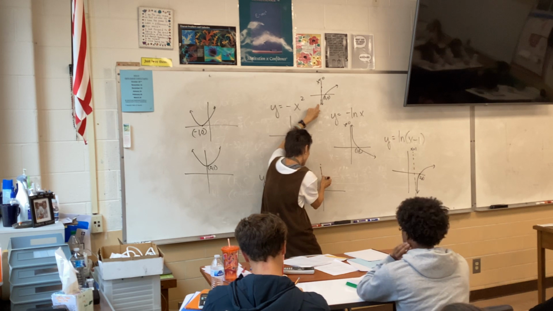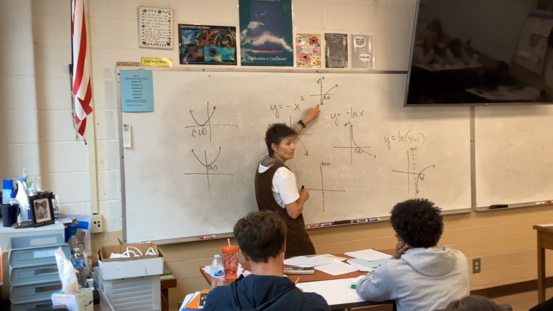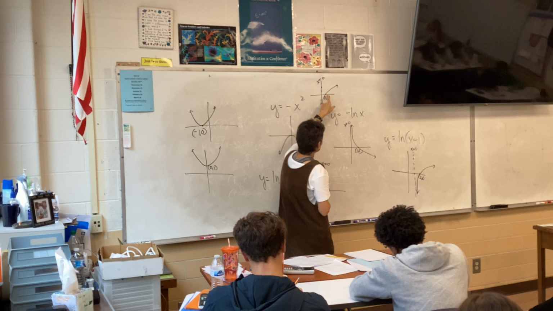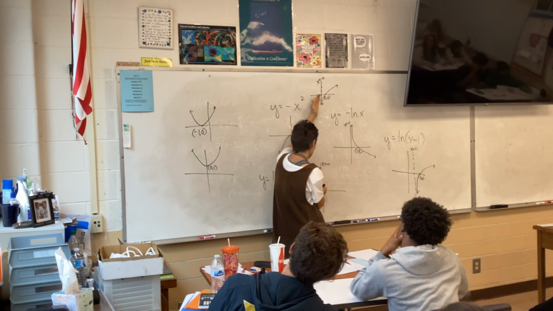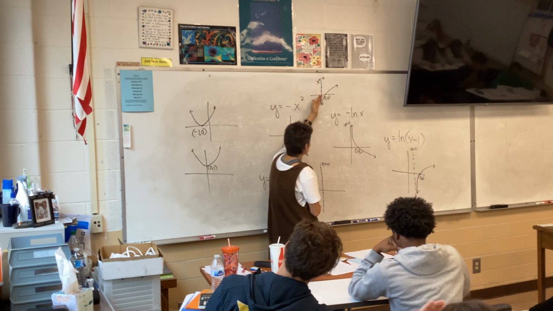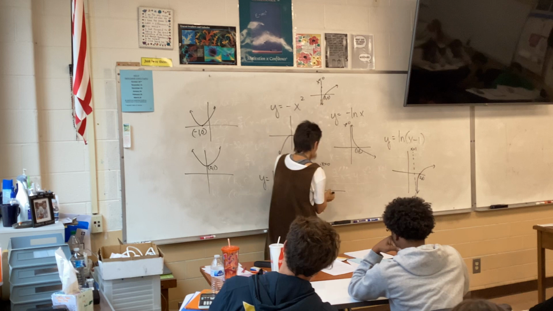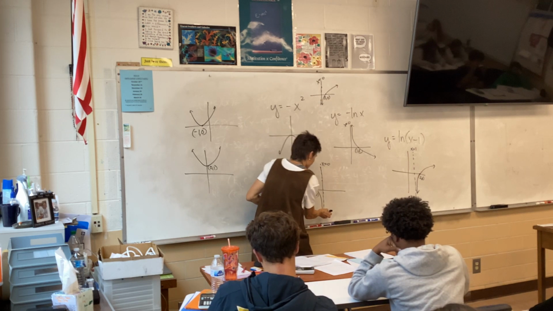Will that change the asymptote? No. What's it gonna do to that point right there? If I fold it across here, that's gonna become the point -1, 0. And you're folding it across, so isn't it gonna look like that?